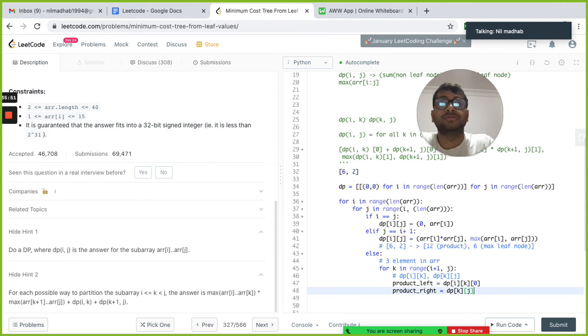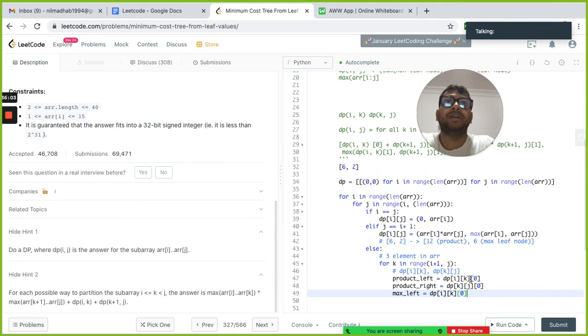Maximum of left equal to... Will product right be dp of k plus 1 to j? No, I mean from ik and kj we have to make the product, right? So product left is like dp of i to k 0, and product right, so the first one is product and second is maximum left, right?